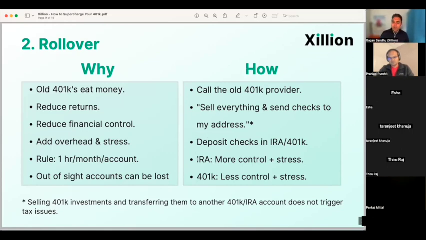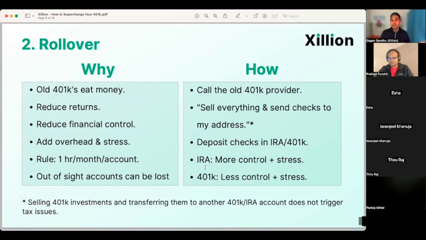And which one should you do, IRA or 401k? I recommend 401k. You will have less control over what you can invest in. However, you will have less stress as well, because you will have fewer decisions to make. But if you want to own this decision making, let's say you have $200,000 from a previous employer in an old 401k account.